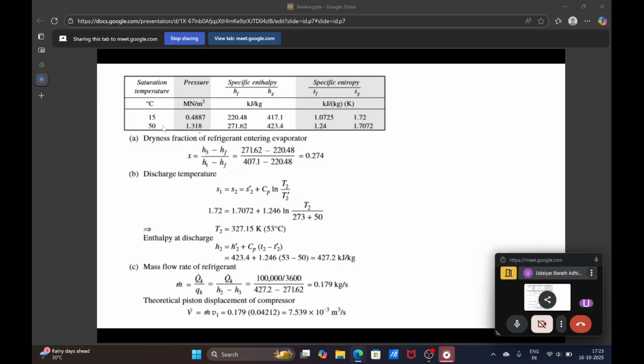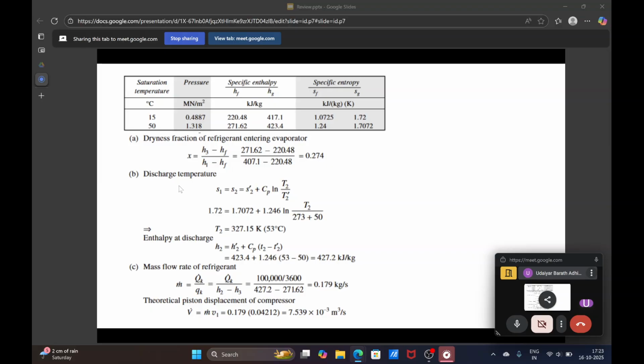You have the saturated pressure corresponding to the saturation temperature of 50 degrees Celsius. So that is the pressure in which it is operating. The exit of this is 271.62, so that is your inlet to the evaporator. So 271.62 minus your enthalpy of saturated liquid, divided by the latent heat. So that gives you a dryness fraction of 0.274.